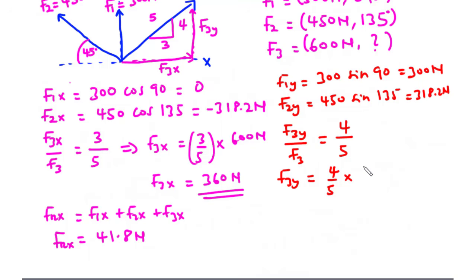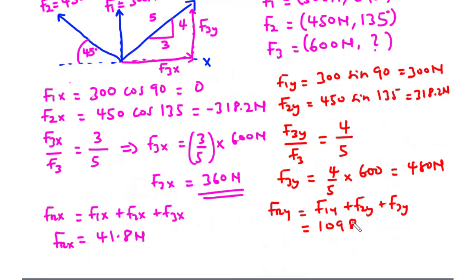Now F3 is 600, so that is 480 newtons. So Fry is equal to F1y plus F2y plus F3y, and that is going to be 300 plus 318.2 plus 480, and the answer is 1098.2 newtons.